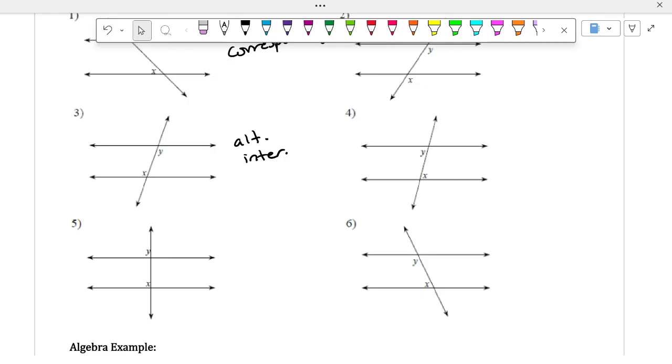Look at the number of fingers you may need to raise for whatever your answer is. All right, we're going to raise in 3, 2, 1. Good job, guys. It is 5 fingers, or same side interior.